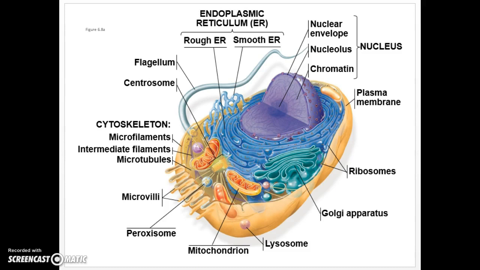So this is a picture diagram showing a eukaryotic cell with its internal membrane that is partitioning the cell into its different organelles. And this is a good picture showing the different organelles that you should be familiar with.